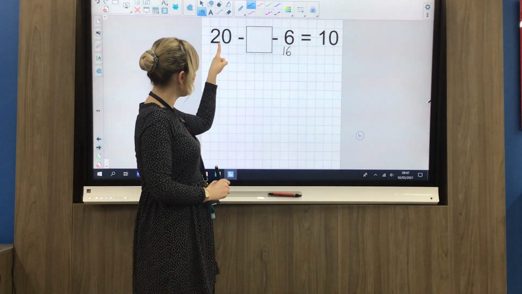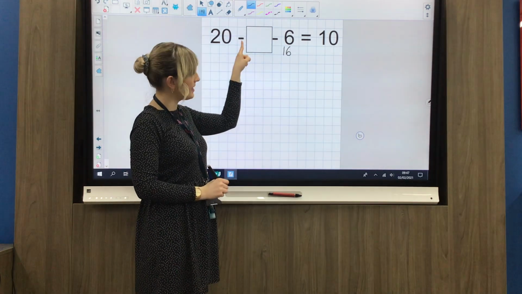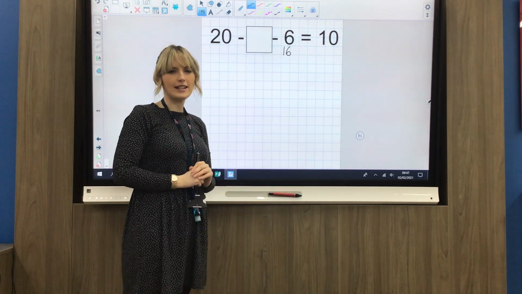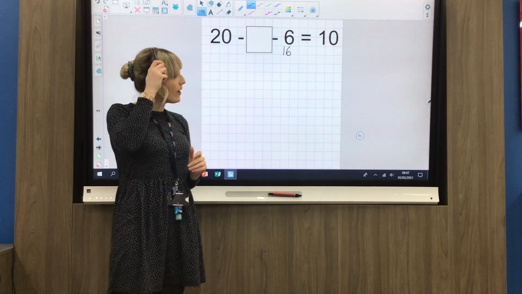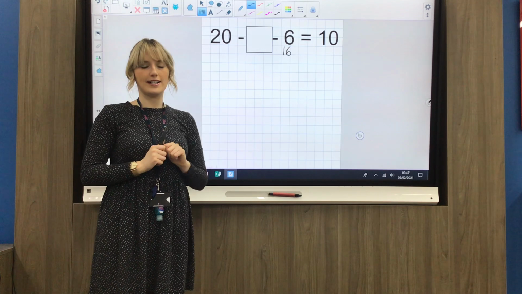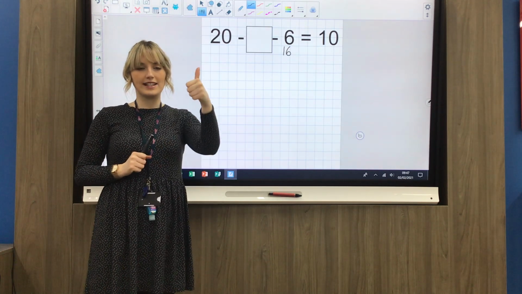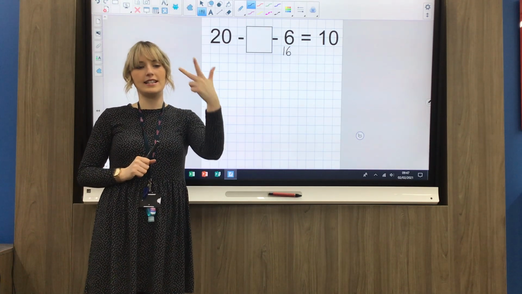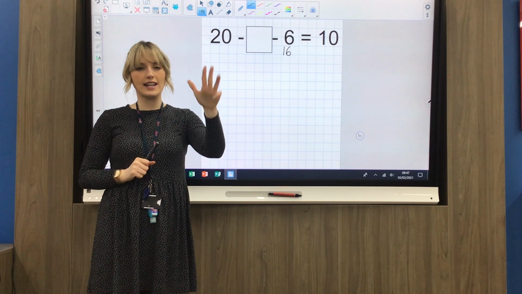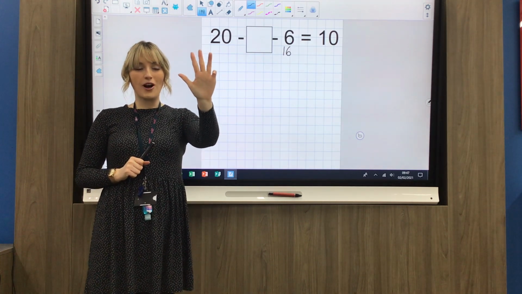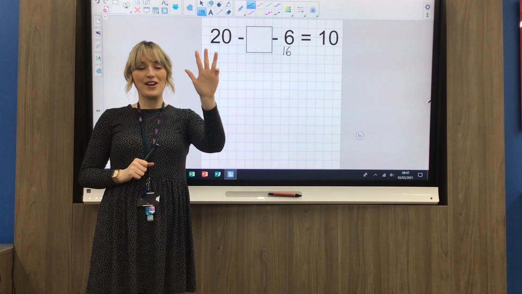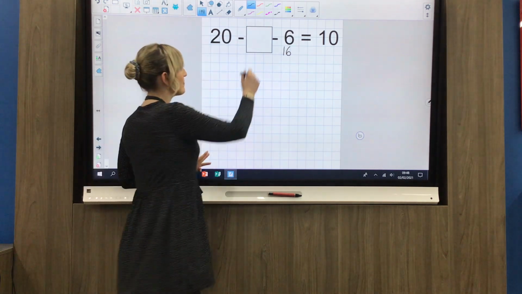So what do I need to take away from 20 to get to 16? Let's count down from 20 until we get to 16. So 20, 19, 18, 17, 16. Shout at me what I needed to take away. Well done if you said 4.